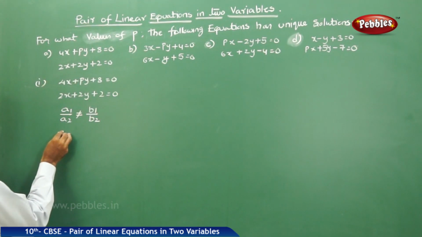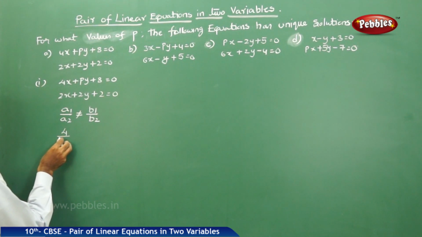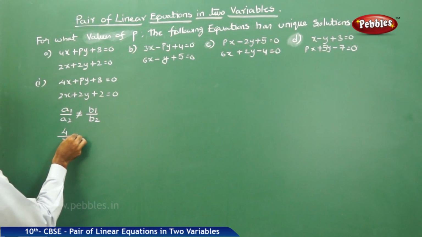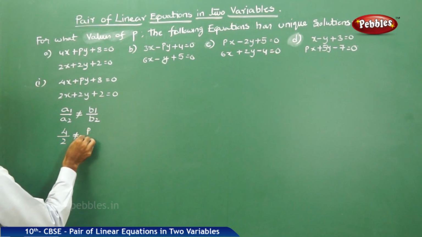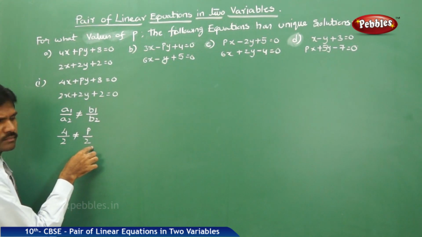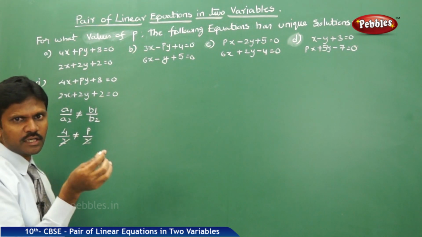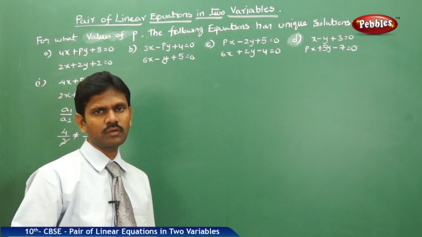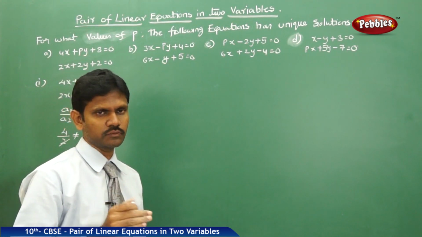Now apply the values. a1 is 4 by a2 is 2, not equal to b1 is p by 2. Denominators are the same, they get cancelled. Not equal to also follows the same rules as equal to.